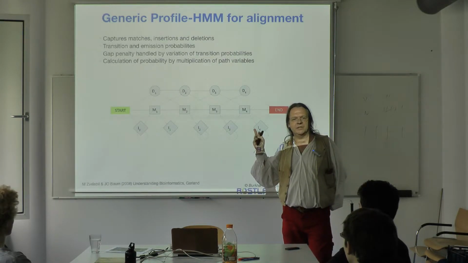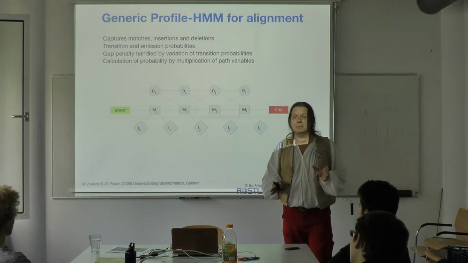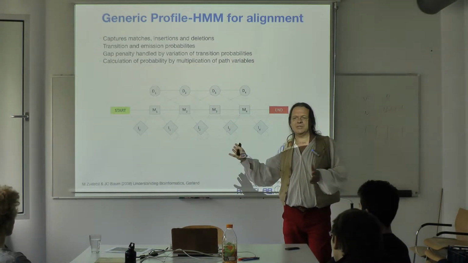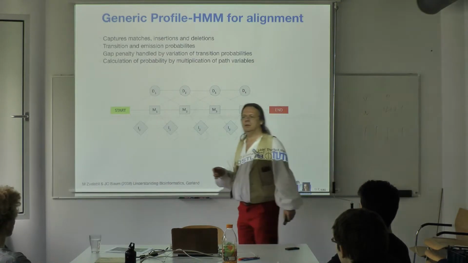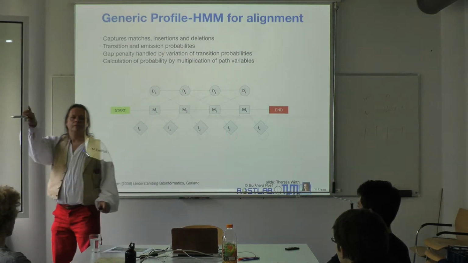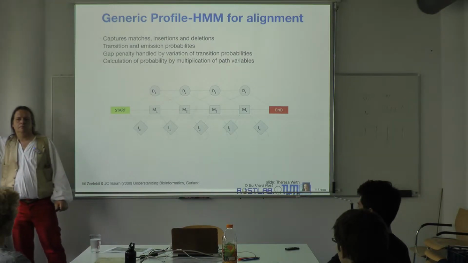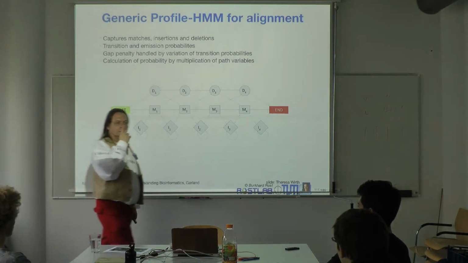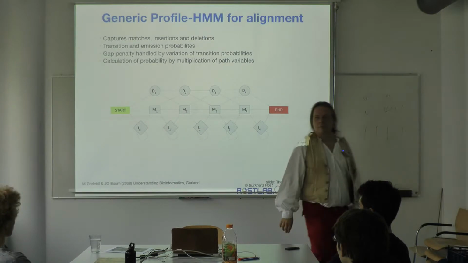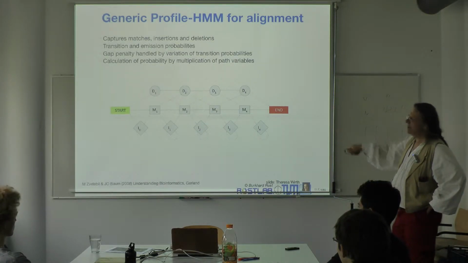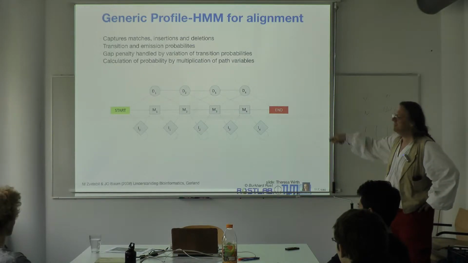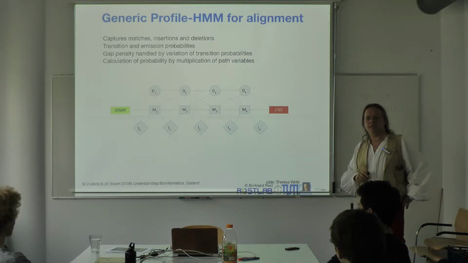Can you do, with a device like this, it's a probabilistic model, can you do pairwise alignments? So again, the alignment is done by defining the transition probabilities, or by defining the individual deletion insertion penalties.